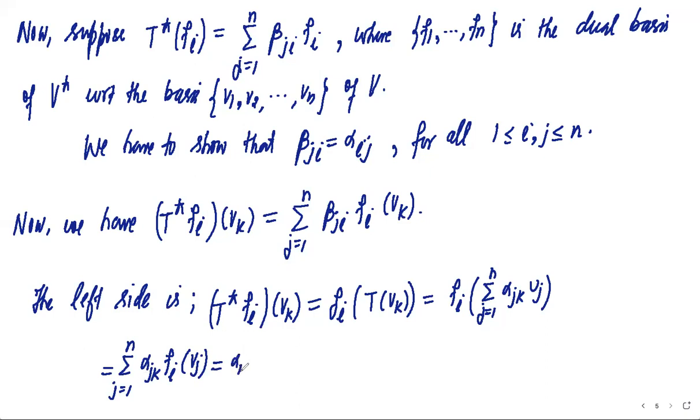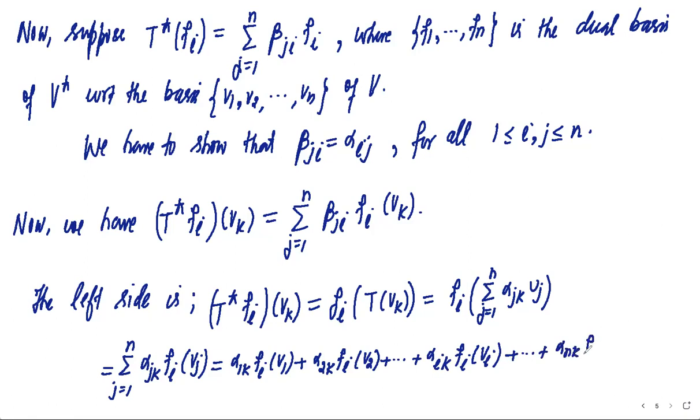So the first term is alpha 1k Fi of V1. Then the second term is alpha 2k Fi of V2. And similarly, the ith term is alpha ik Fi of Vi. And the last term in this sum is alpha nk Fi of Vn.